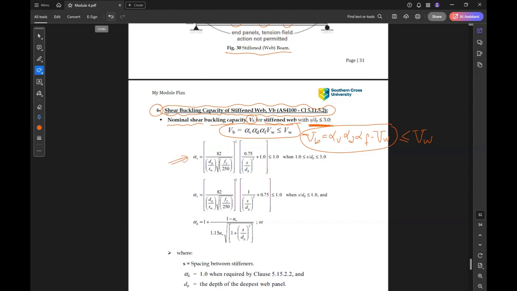And this is the value of lambda V when S over dB is between 1 and 3, and this is the value of lambda V when S over dB is less than 1.